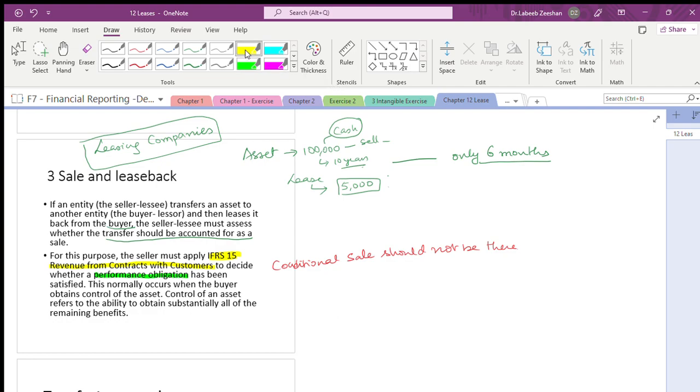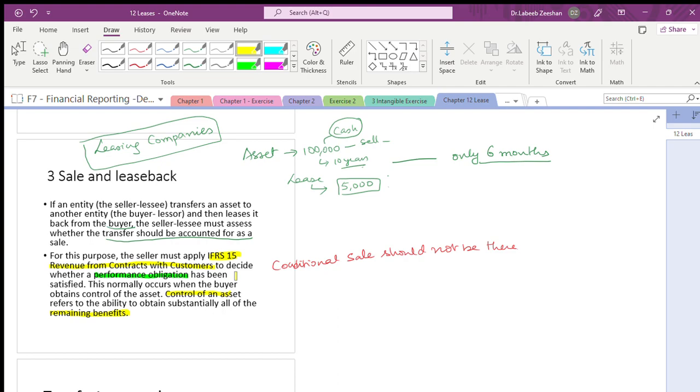The second one is control of the asset, which refers to obtaining substantially all the remaining benefits. You are buying the asset, which means the buyer is going to get all the benefits.